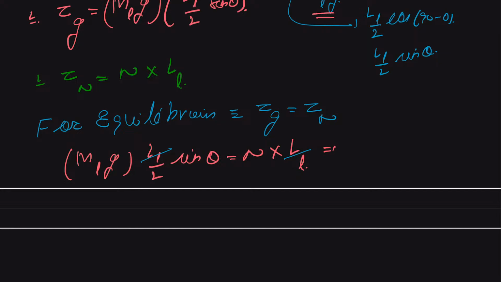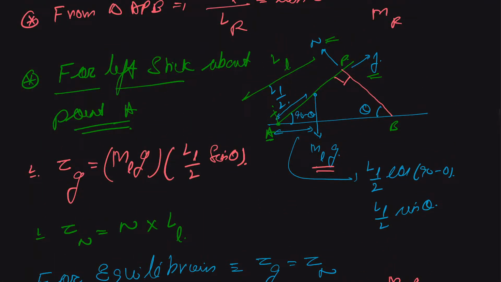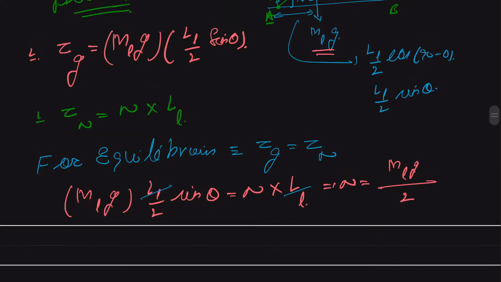Therefore from here we can get that one normal is equal to the mass of the left g divided by 2, and we have this as sine of theta.